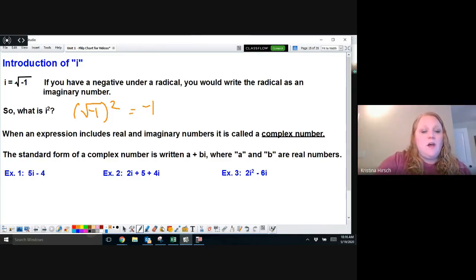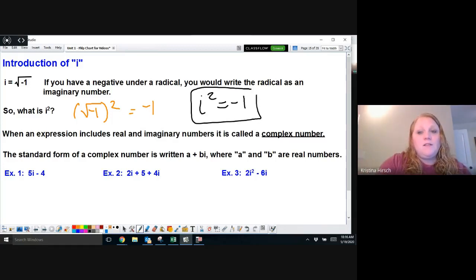So what you need to know is that I squared is equal to -1. This is a biggie, like huge. Make sure that you remember that, because every time that you see an I squared in a problem, you're going to replace it with -1. We want to simplify it as much as possible, and if we know something has a numeric value, then we go ahead and take care of that.